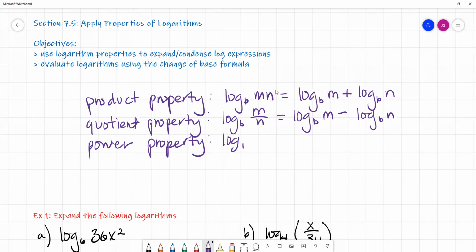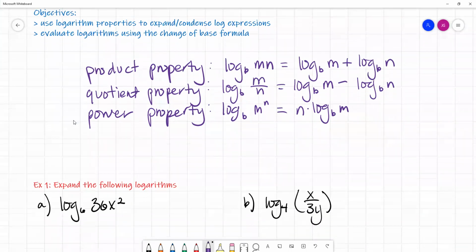If I have log base b of m to the n power, then what happens is that I can bring that power, that exponent, down to the front, and it ends up being like this. So it ends up being n times this logarithm, log base b of m. Okay, so pretty much what happens is that an exponent comes down to the very front. Okay, and so those are our three properties.